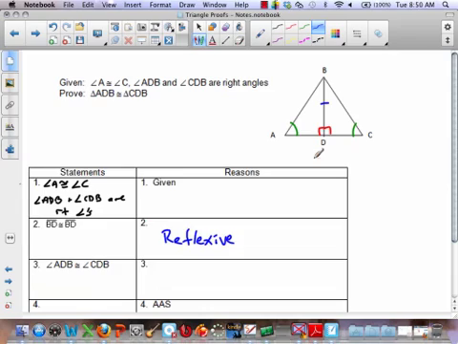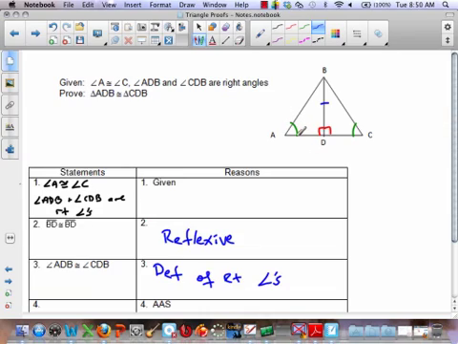Definition of right angles. All right angles are congruent. Since they're all equal to 90, they're all equal to each other. So definition of right angles.